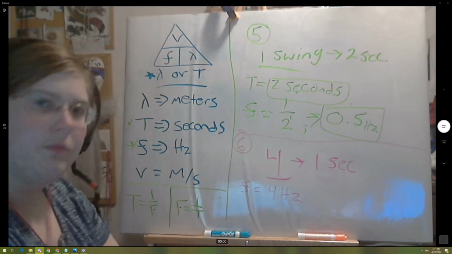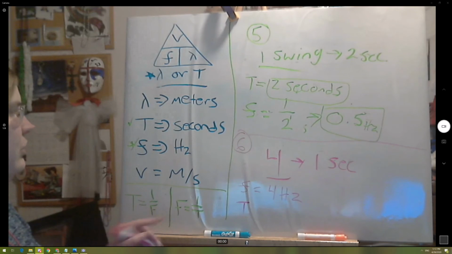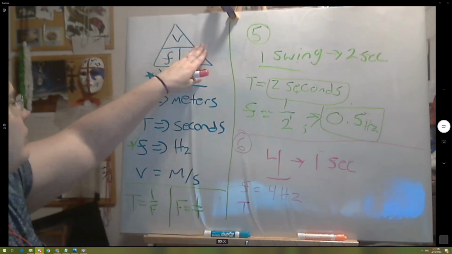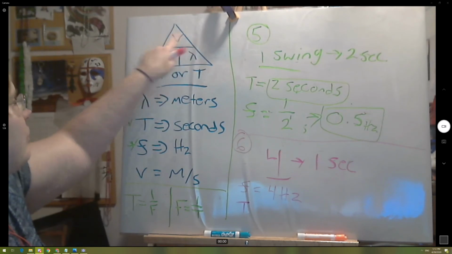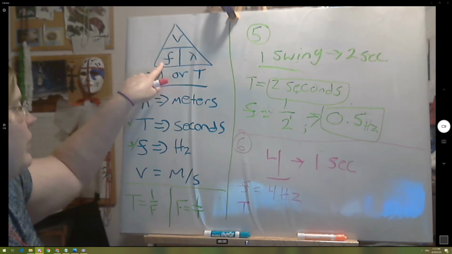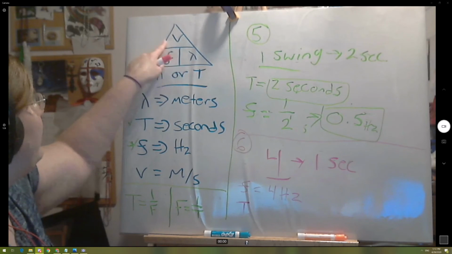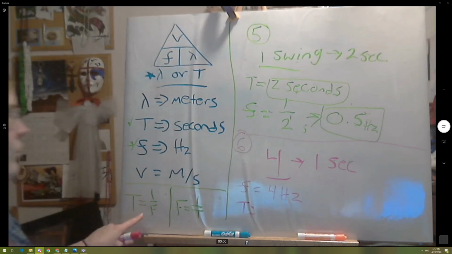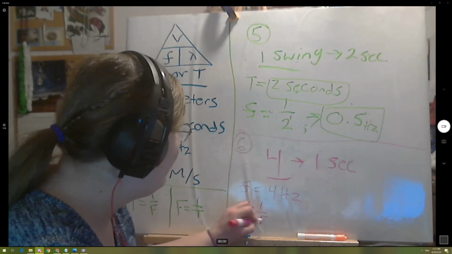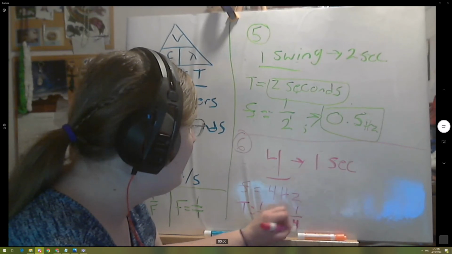Okay, so now all we have to do to find our period is take a look at our equation. So T is the one we're looking for. We don't have a velocity, and we have our frequency of 4 hertz, so T equals 1 over our frequency, so 1 over F, or 1 over 4.